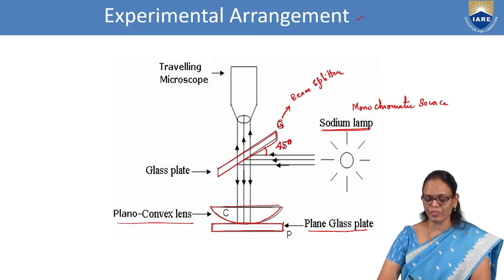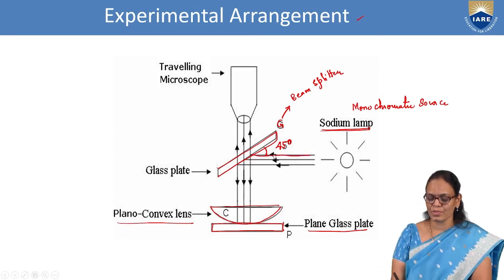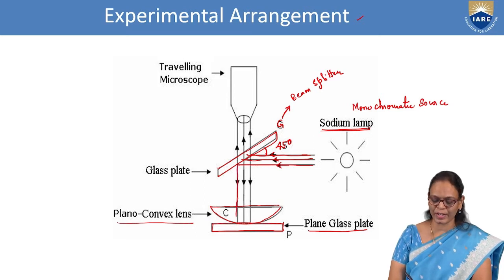At an angle of 45 degrees to the horizontal. So the rays that are coming and falling on this glass plate, which is kept inclined at an angle of 45 degree, will be now reflected onto the air film. So the light is now incident on the air film. This is the air film here.